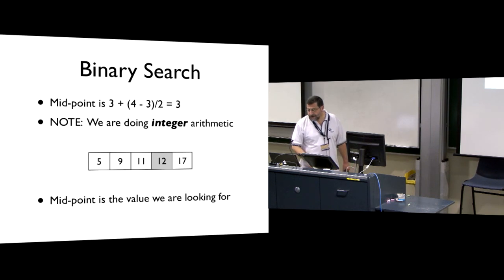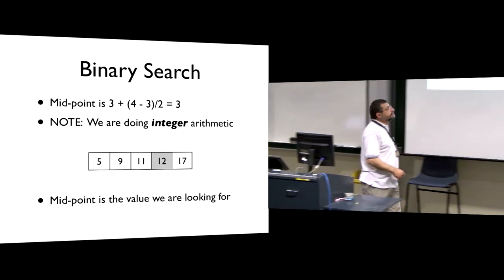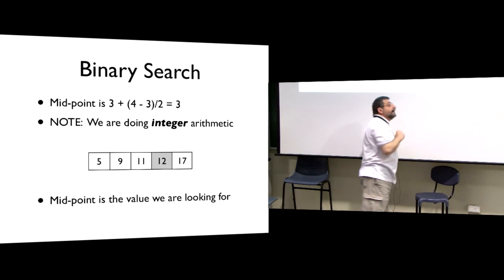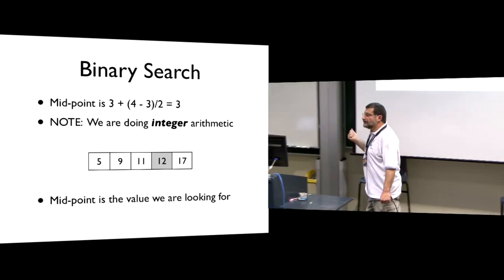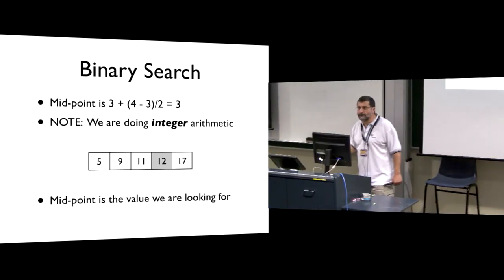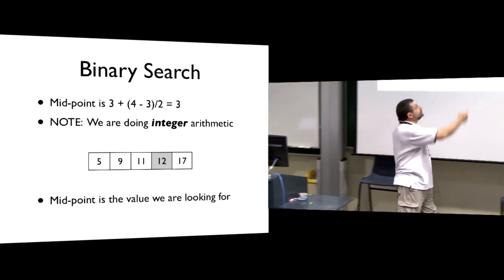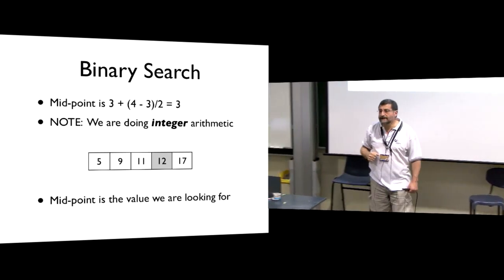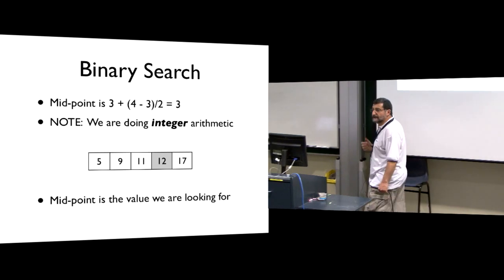So in this case, our midpoint turns out to be 12. And we ask, is the element we're looking for equal to the midpoint? Because we're looking for 12, we end up stopping. So we found it.